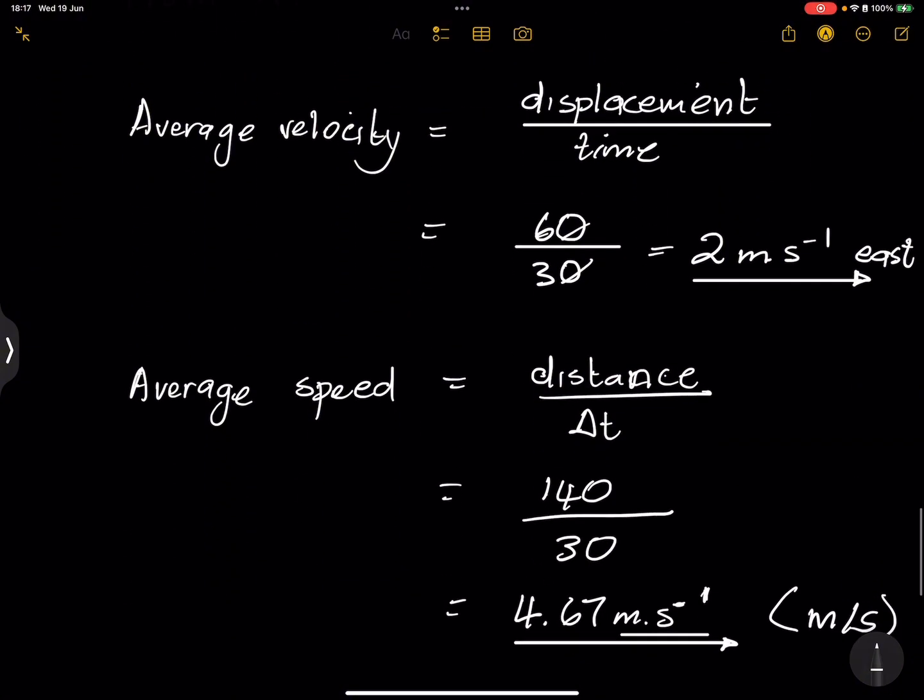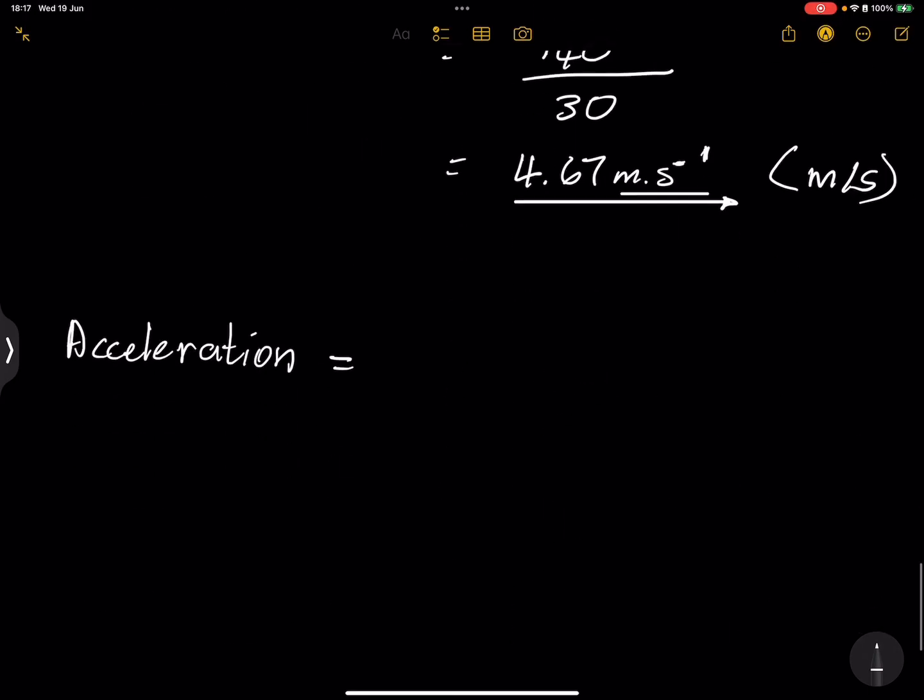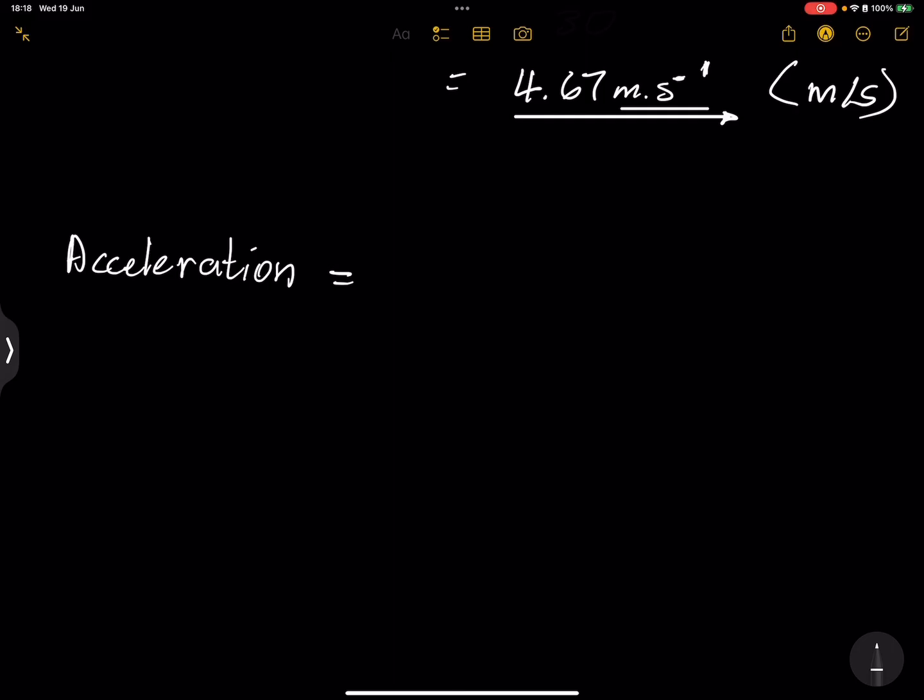Whereas average speed would be the distance divided by time. Now, acceleration is the rate of change. Anytime that we use rate, remember that it has to do with division by time. So we say that it is the rate of change in velocity, so it's change in velocity divided by change in time.